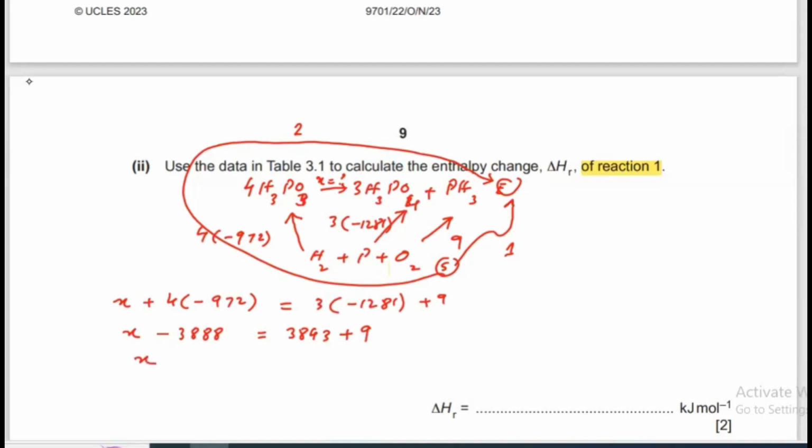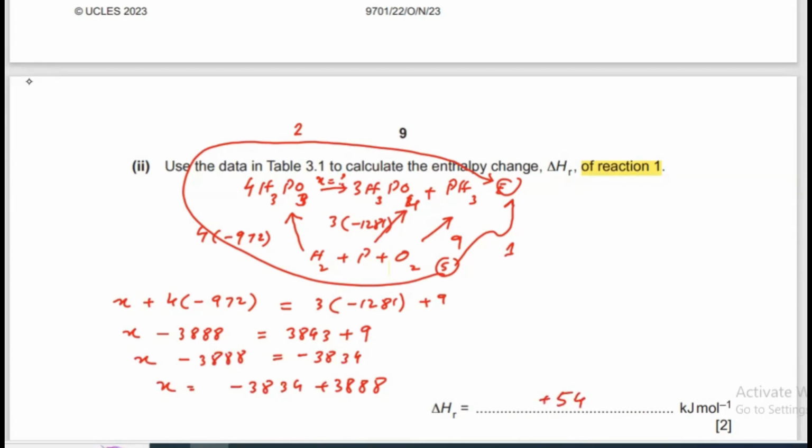So x minus 3888 is equal to minus 3834. Then x is minus 3834 plus 3888. If you solve this, you will get the answer 54, which is positive.